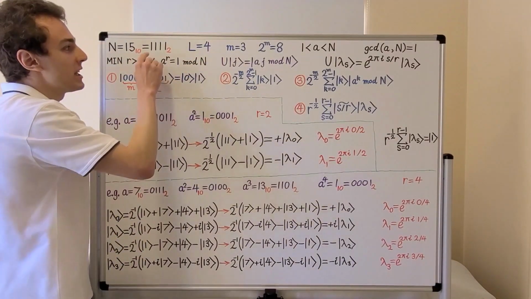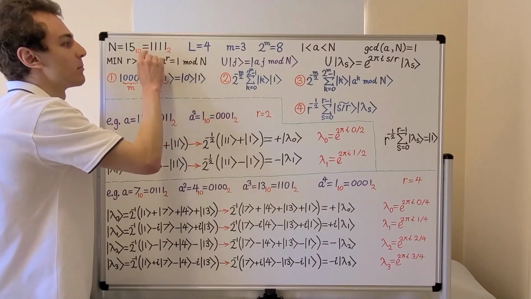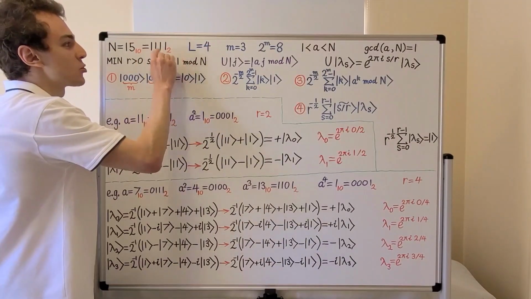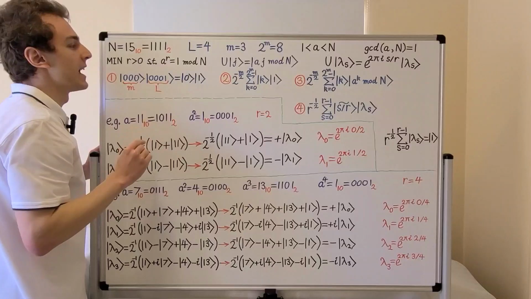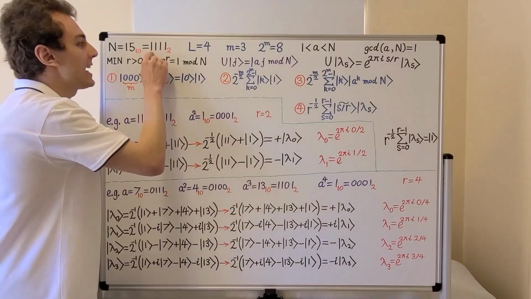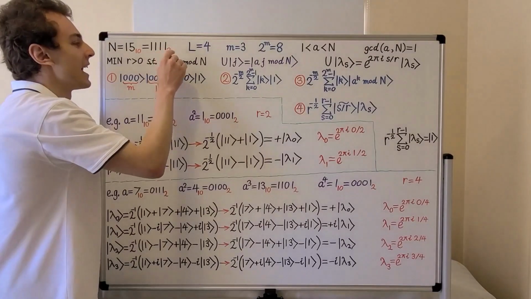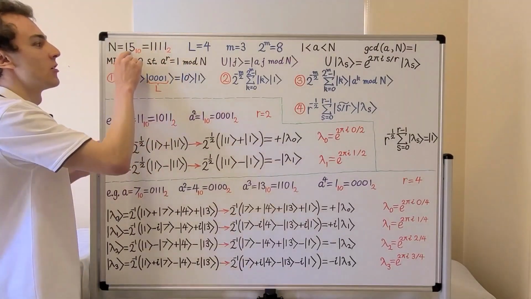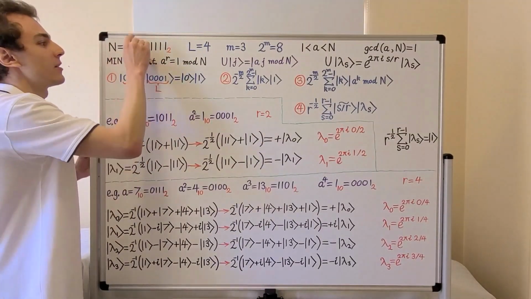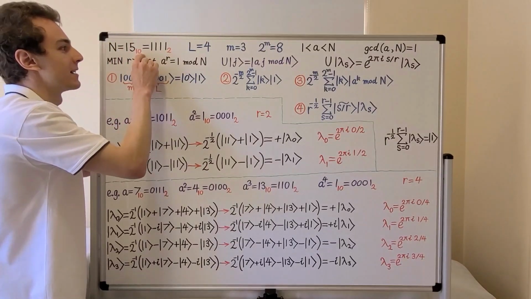That's because you need 4 bits to represent this in binary. What does this string of 4 ones tell us? It tells us that we have 8 plus 4 plus 2 plus 1, and that sum is equal to 15. And over here we have the representation in base 10.